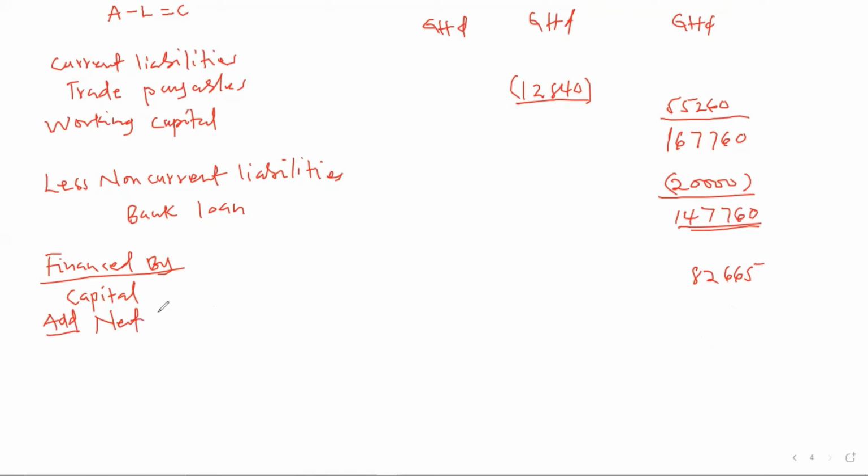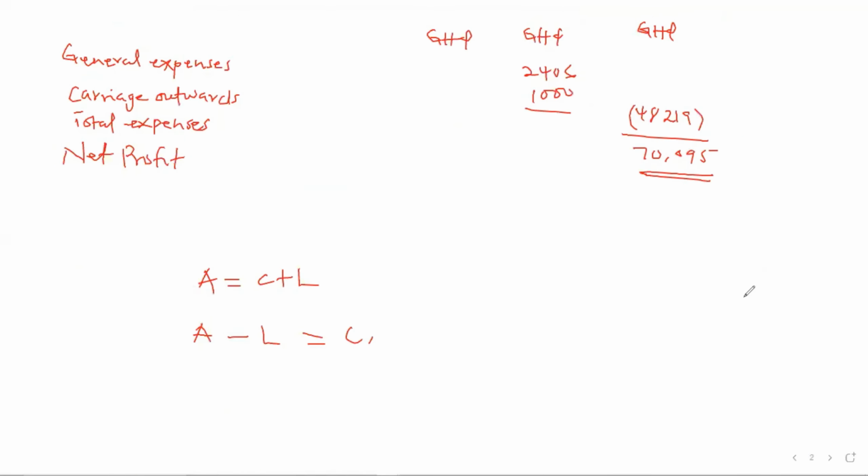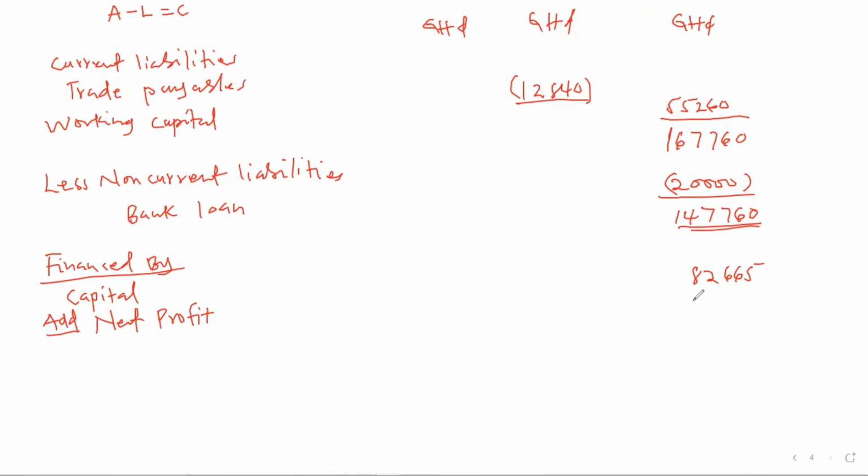So the net profit we had was what? 70,095. We add to the capital. So when you add these two, you get 152,760.